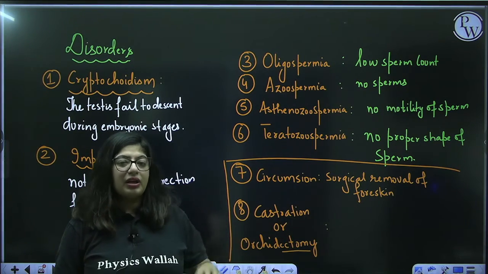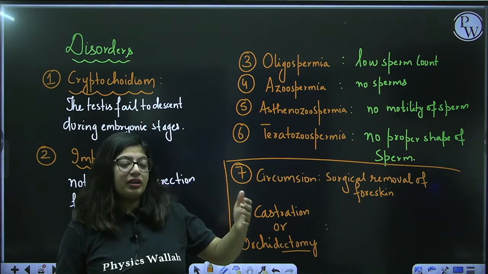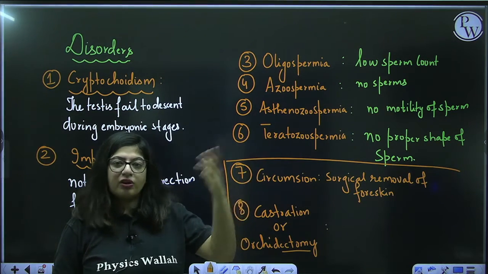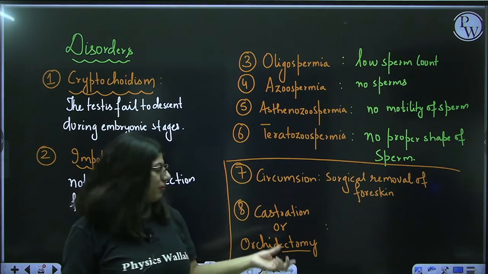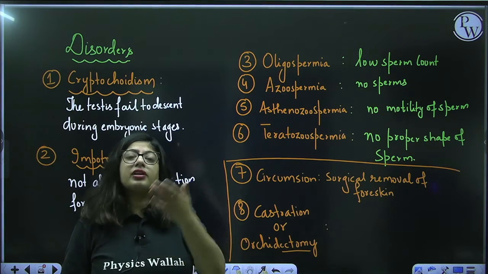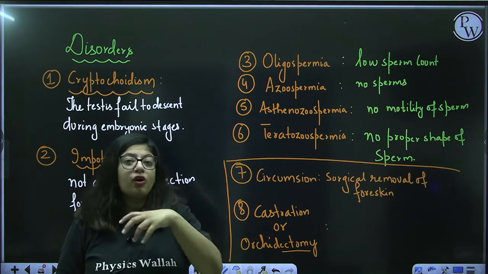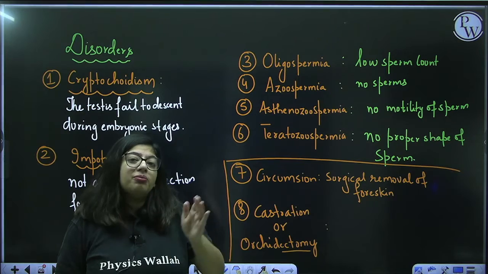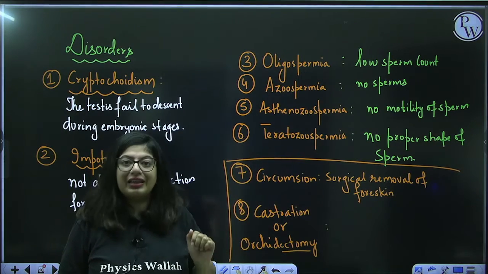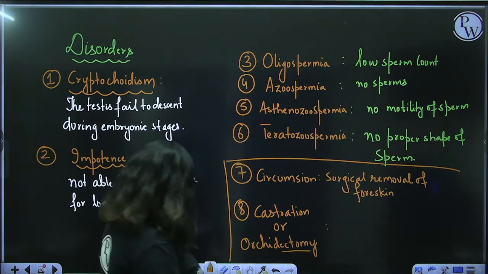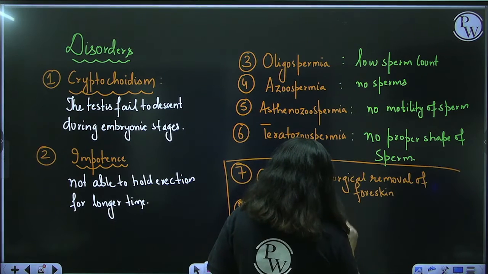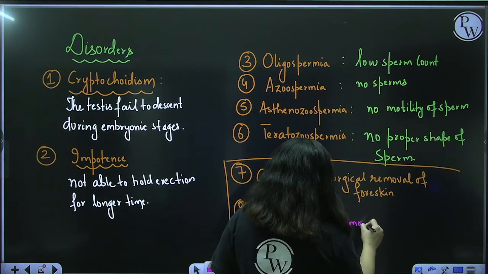For example, some people remove the testes of a bull. Doctors are not removing them, people remove them, and that's castration, so that the bull becomes docile. The bull will not show any anger, and it can be used for bullock carts in the fields. Okay, so this is the removal of testes. Both are the same, the person doing it is different.